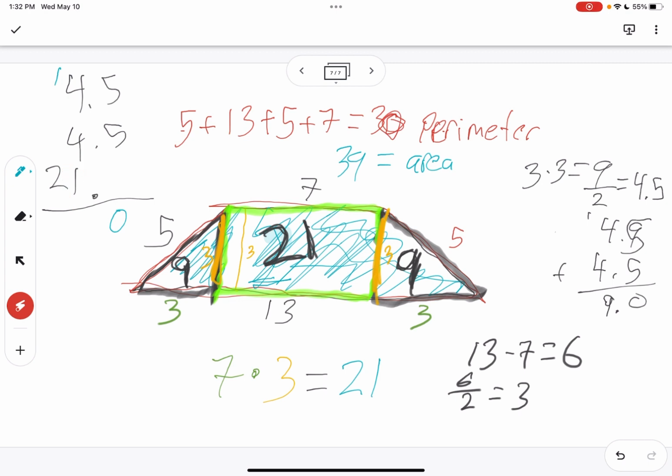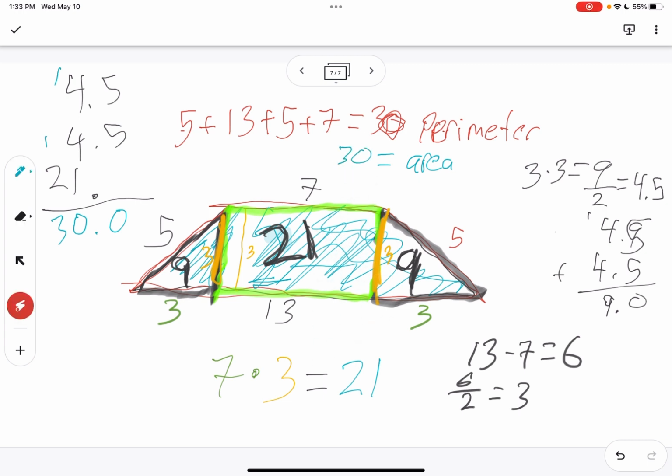Plus 1 more is 10. So that's 0. Carry that one. Now we've got 2 plus 1 equals 3. So there you go. We have the area. Our perimeter is 30. So our area over here is 30.